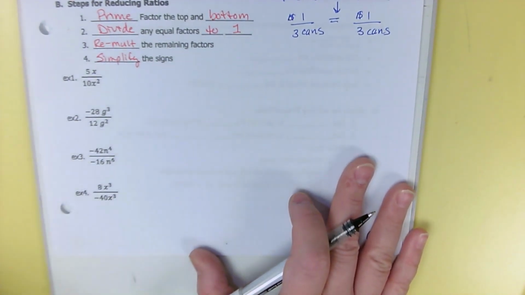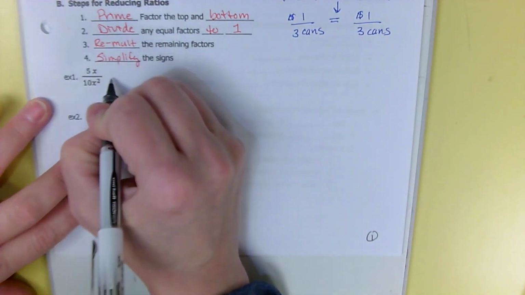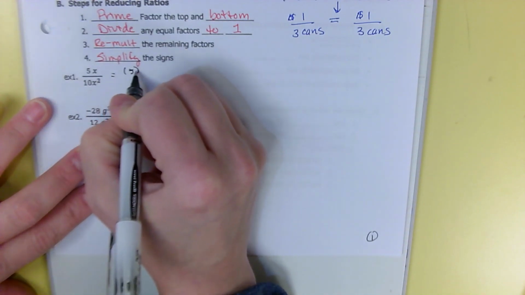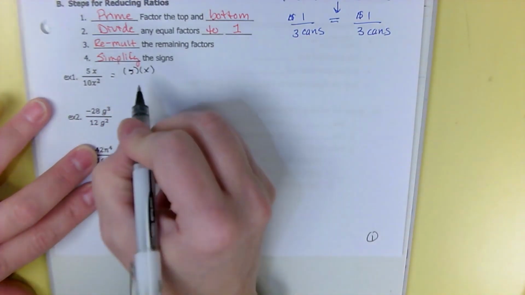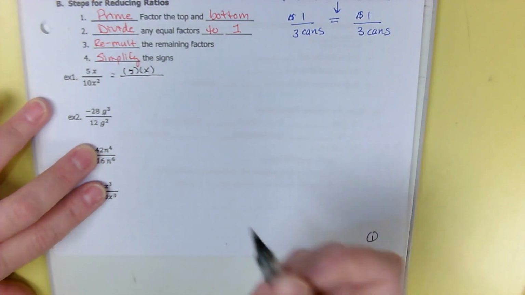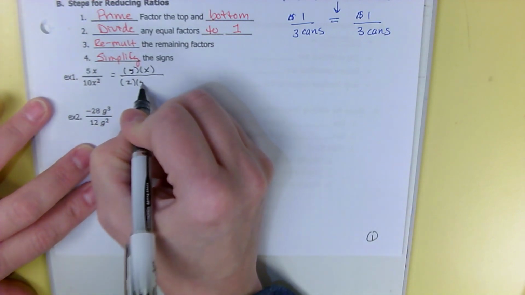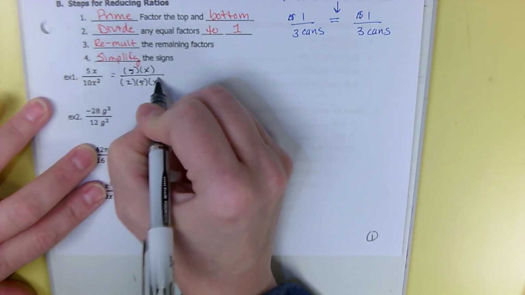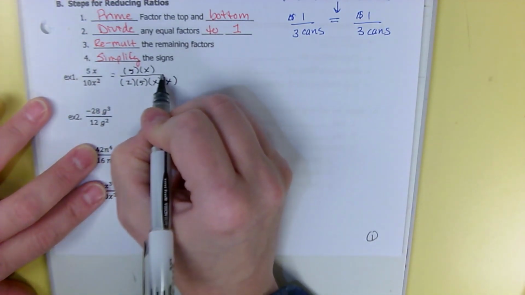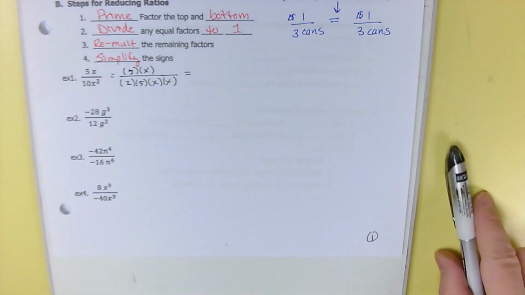Okay, so the first fraction is 5x over 10x squared. So step 1 is prime factor the top and the bottom. Well, 5 is prime and x is prime, so that's really easy. And then on the bottom, 10 factors into 2 times 5, and then it has an x squared, which is x times x. Prime factoring means reducing the number to prime numbers.